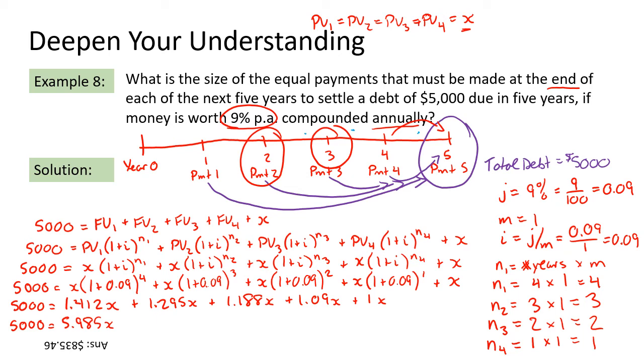And remember, you do that by removing the 5.985 from that side of the equation by dividing both sides by 5.985. So on the left side, 5,000 divided by 5.985, you get $835.42. And that's equal to just x, because 5.985 divided by 5.985 is just x.